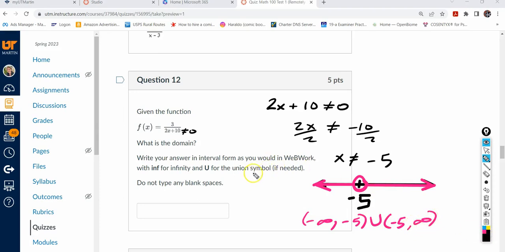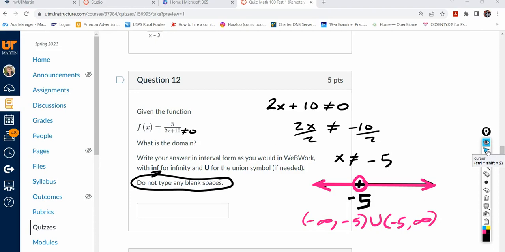Now, it did say to write inf if you're going to type this in. And it did say do not type any blank spaces, because Canvas will, if you have like A plus B without any spaces, and then A plus B with a space in there, Canvas will count it wrong.